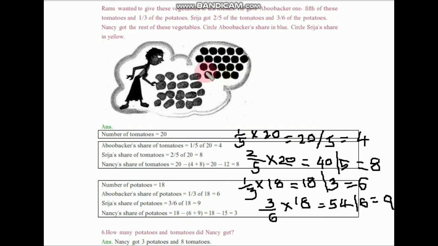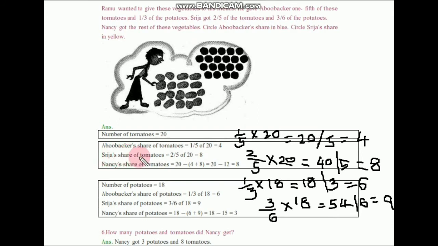Abu Baker's share of tomatoes is 1/5 of 20. 20 ones are 20, divide by 5. If we divide 20 by 5, we will get 4. So Abu Baker's share of tomatoes is equal to 4.